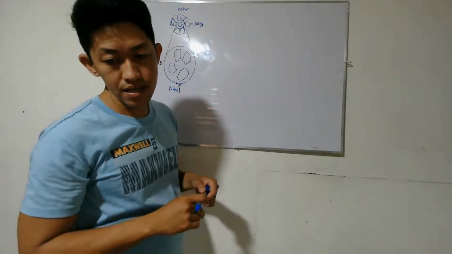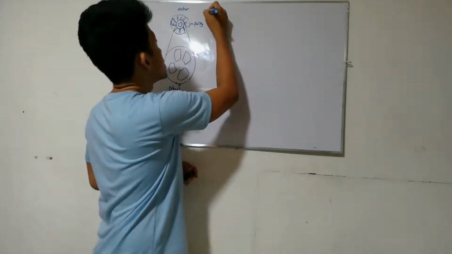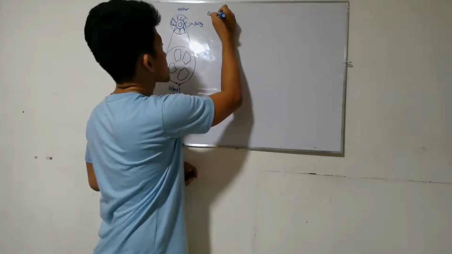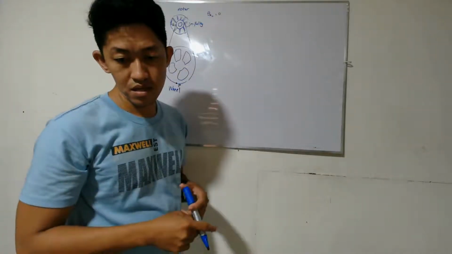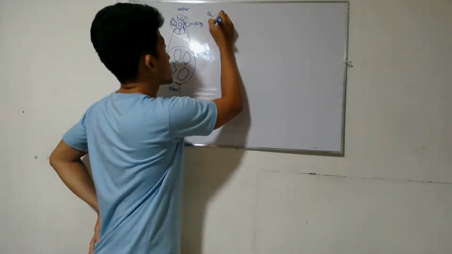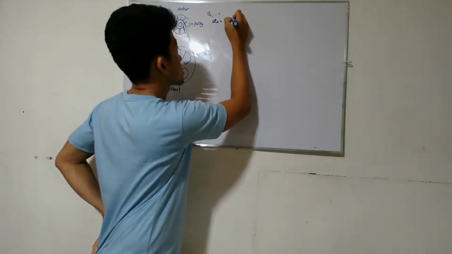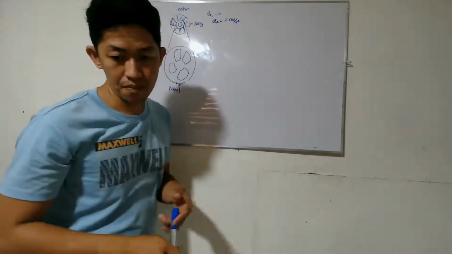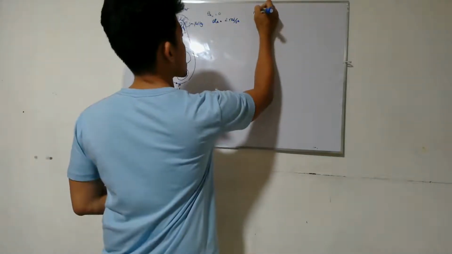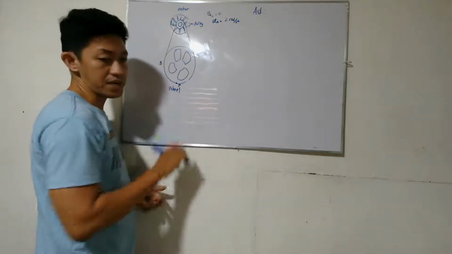So if the pulley begins to rotate from rest, theta A initial is equal to 0, no? With a constant angular acceleration. So, angular acceleration alpha is 2 radians per second square. Determine the magnitude of the velocity and acceleration of point P. So we're asked to find the velocity and acceleration of point P.